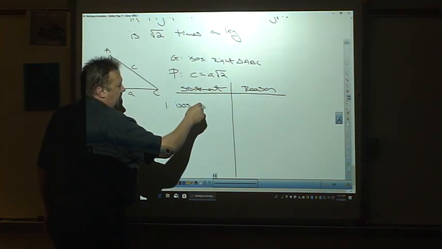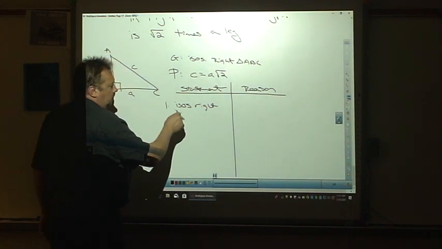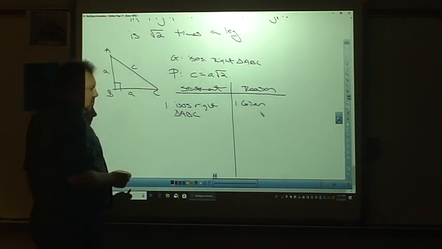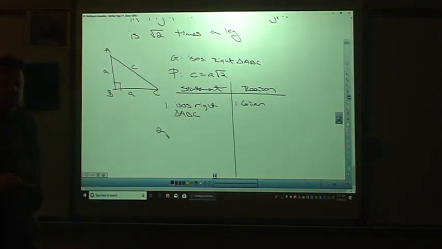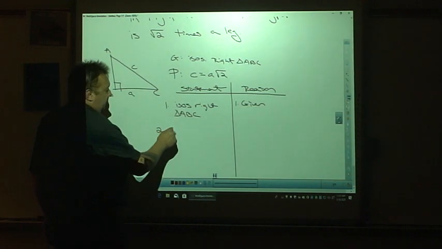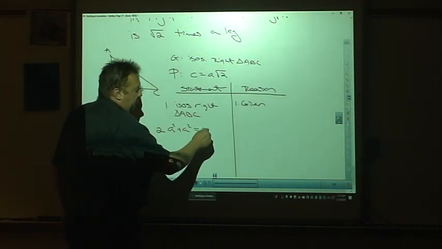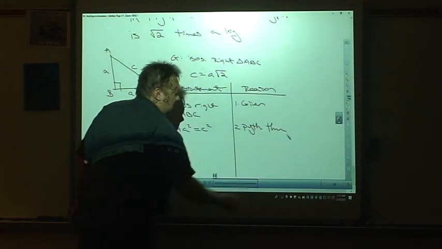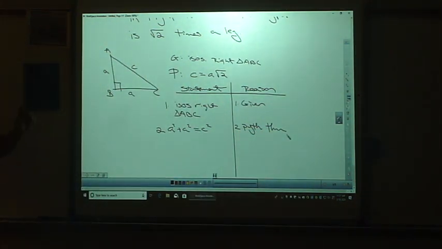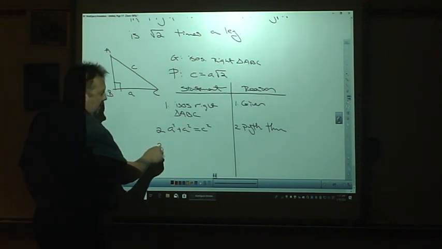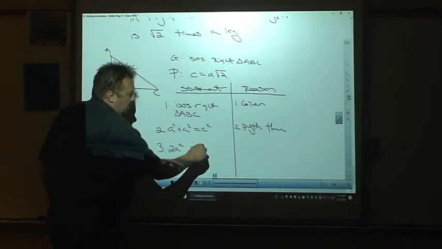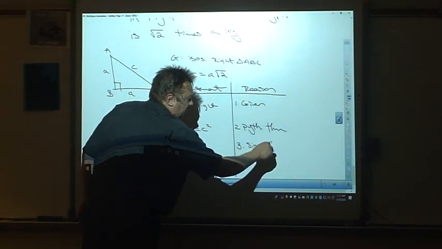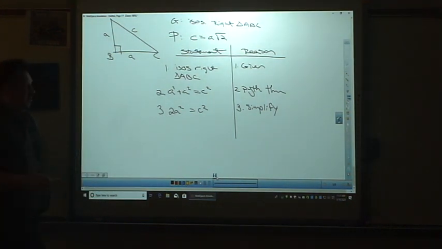So we're going to start with isosceles right triangle. Use the Pythagorean theorem to say that a squared plus a squared equals c squared. We can combine the a squareds, so we have 2a squared equals c squared. I would just call that simplify, could be addition. Simplify is probably better.